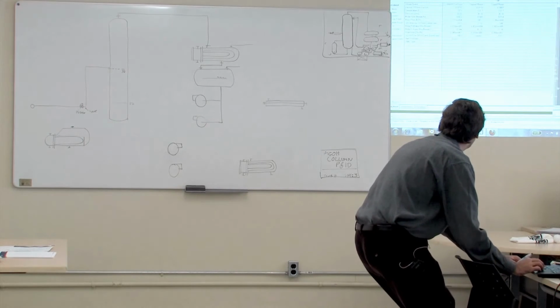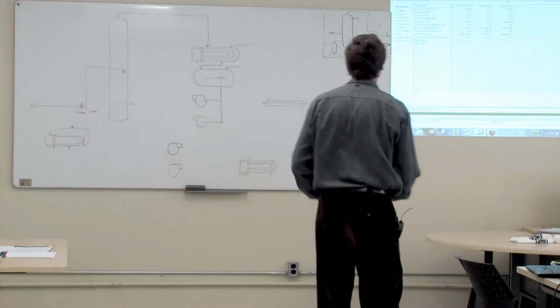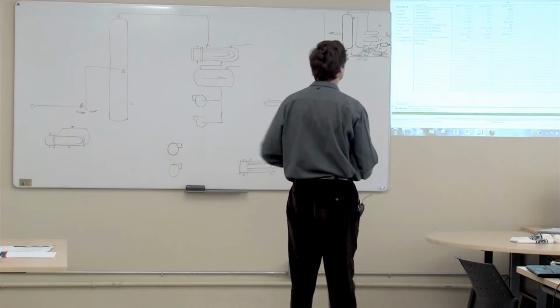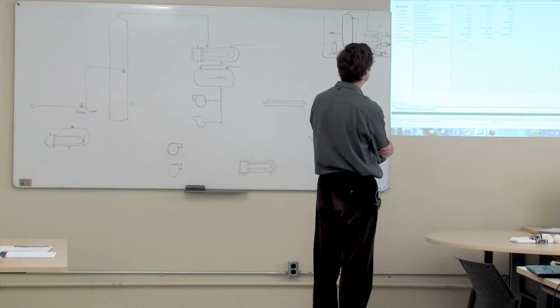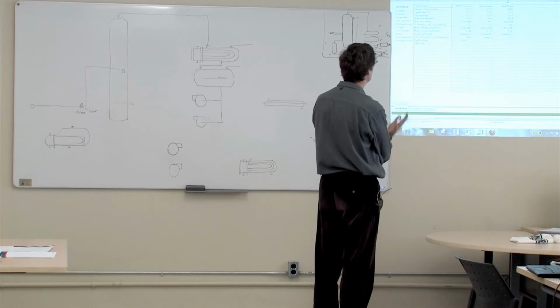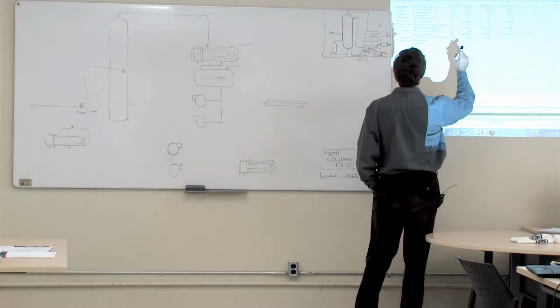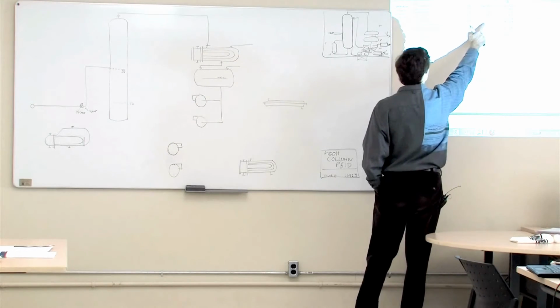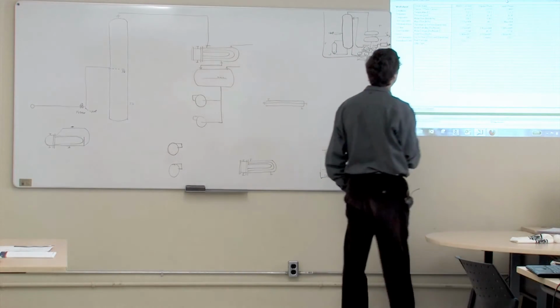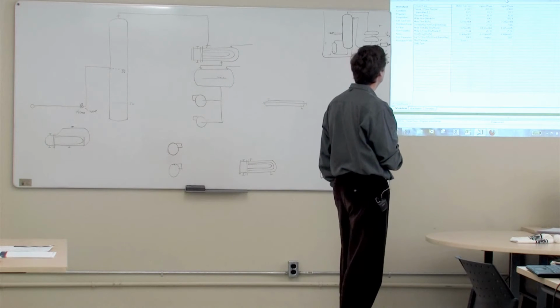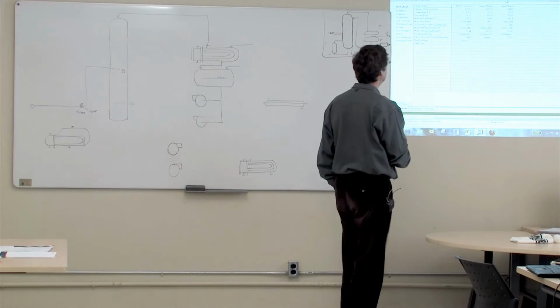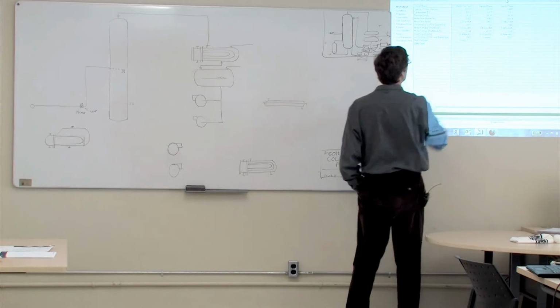That's the stream that's downstream of that valve. It's probably a little bit lower pressure, so I would have more two-phase flow. What it's telling me is that I only have about 250 pounds per hour of vapor in a stream that's 22,000.